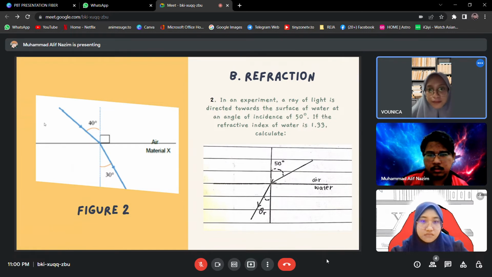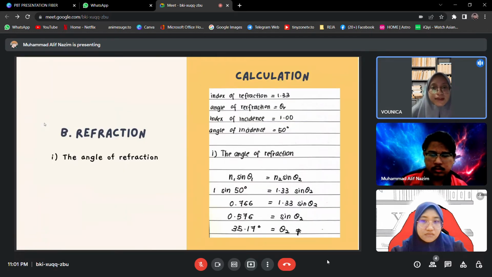So for B refraction in question 2, in an experiment, a ray of light is directed towards the surface of water at an angle of incidence of 50 degrees. If the refractive index of water is 1.33, calculate the angle of refraction.